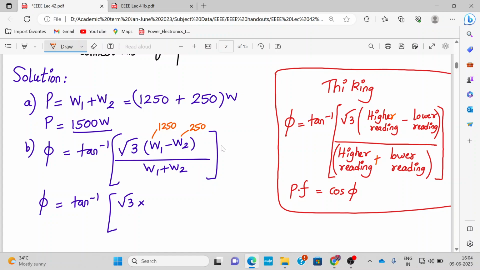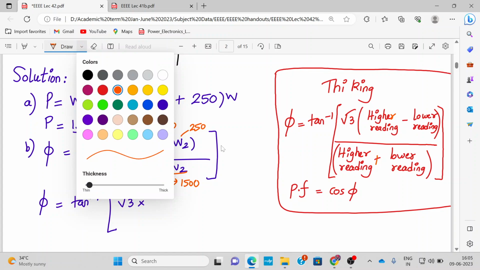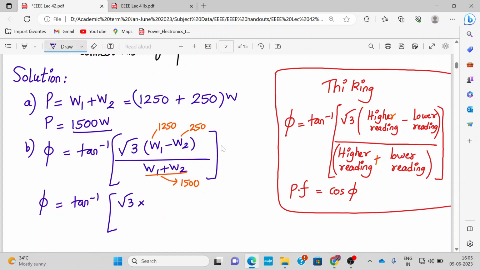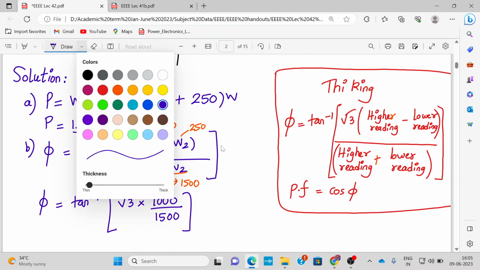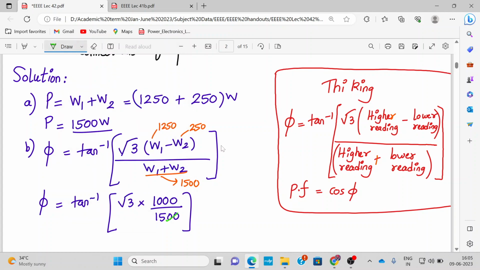And W1 plus W2 is 1500, as we have seen earlier. 1250 minus 250 is 1000, and this will be 1500. If you solve it further, you get 2 by root 3.